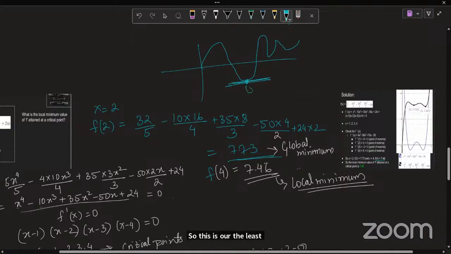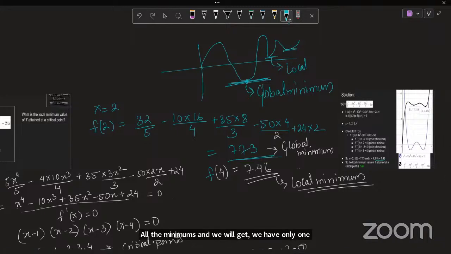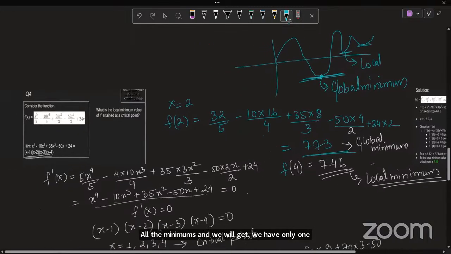So this is our global minimum, and this one is our local minimum. Among all the minimums, we have only one global minimum. Got it? Any doubt in this?